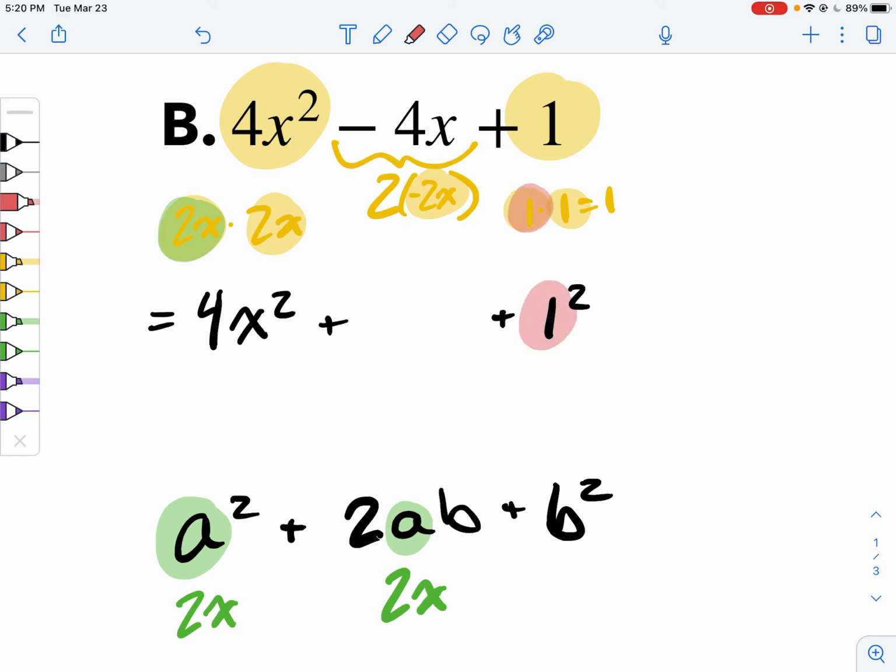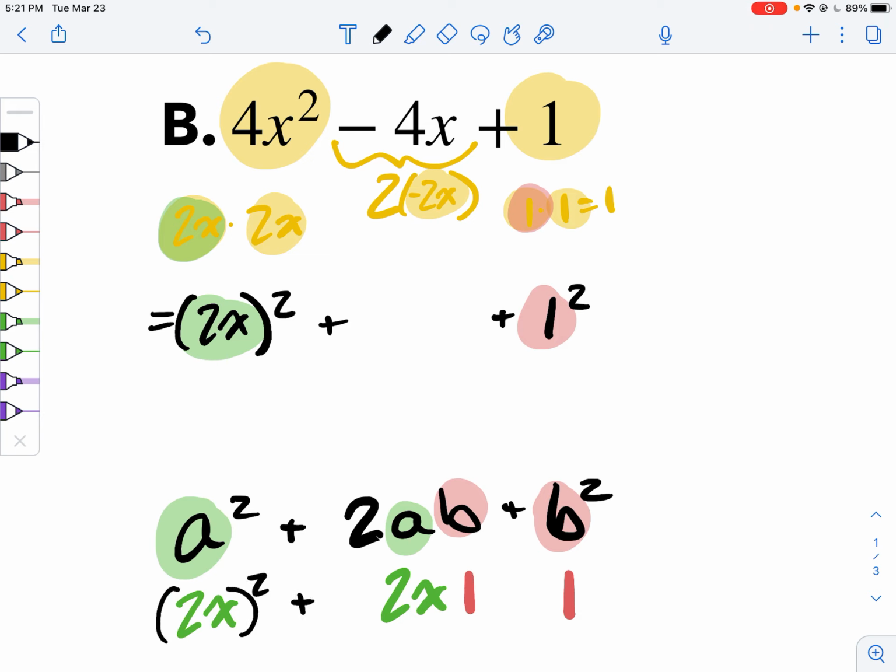Oh, I miswrote this. This is 2x quantity squared. And this is 1 squared. So everywhere we have a b, we can represent that with a 1. So here we go. We've got 2x squared plus 2 times 2x times 1 plus 1 squared.